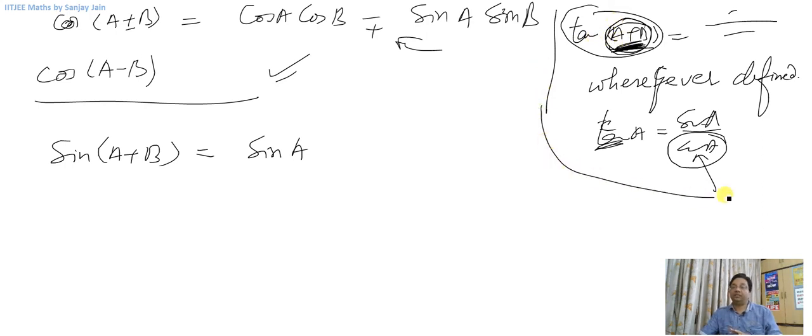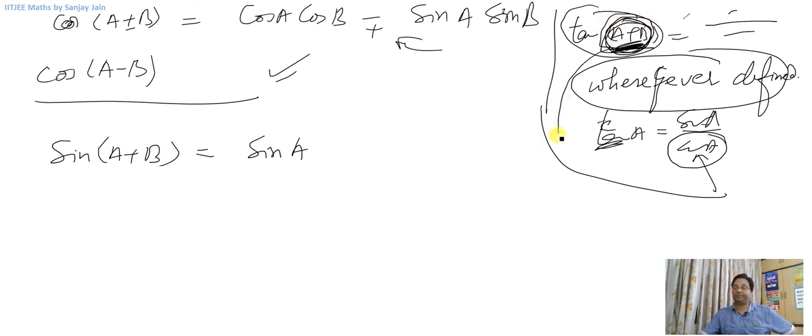These are the things that are not being said here, but I mean them tacitly: that we are writing these formulae wherever they are defined. So when I am writing tan of an angle, that means that this angle is not an odd multiple of pi by 2.